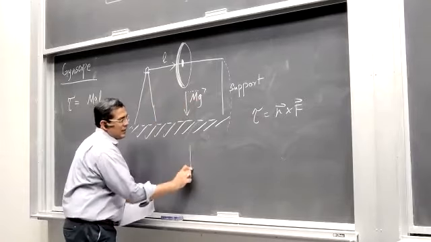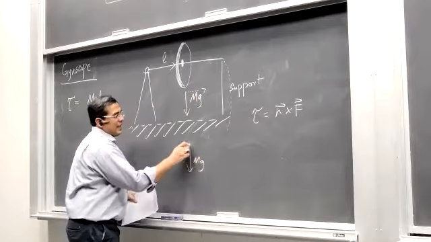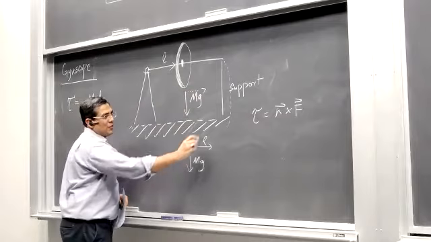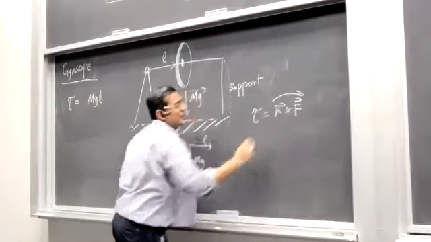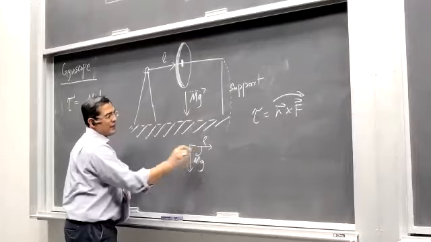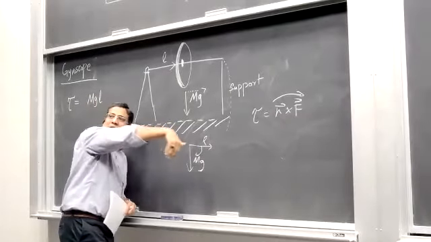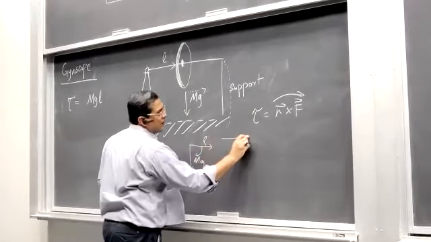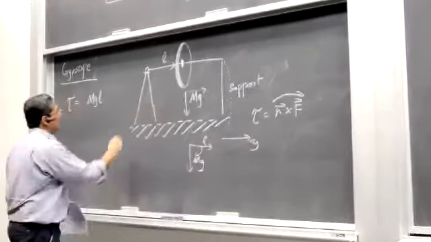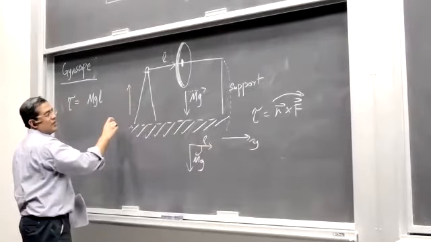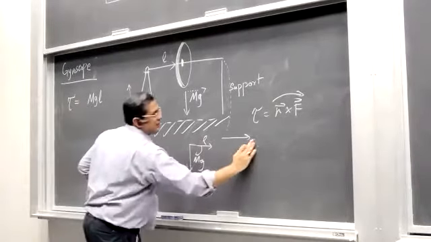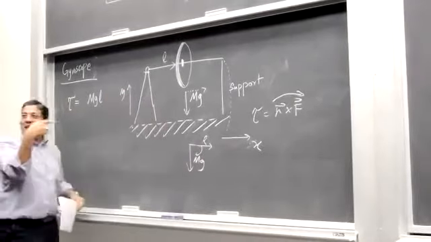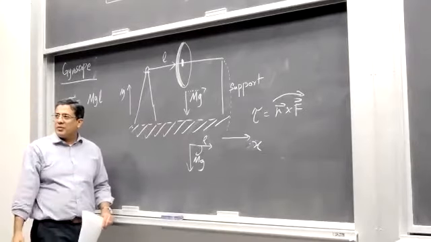So if I draw MG and L as emerging from the same point and then apply the right hand thumb rule, going from L to F, I curve my fingers and the thumb points inwards, into the plane. If this is the x-axis, as we usually do, and this is the y-axis, then the z-axis is perpendicular to the plane of the board.